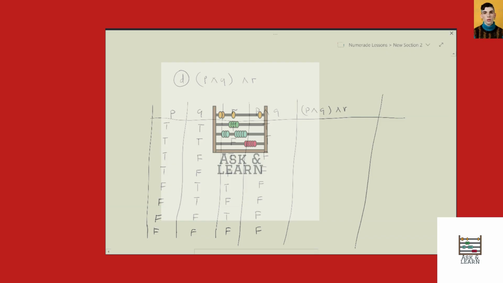We only look at the part where all of them are true. That's the only part we consider. Okay, so here all of them are true, so that is true. Here only one is true, so that is false.